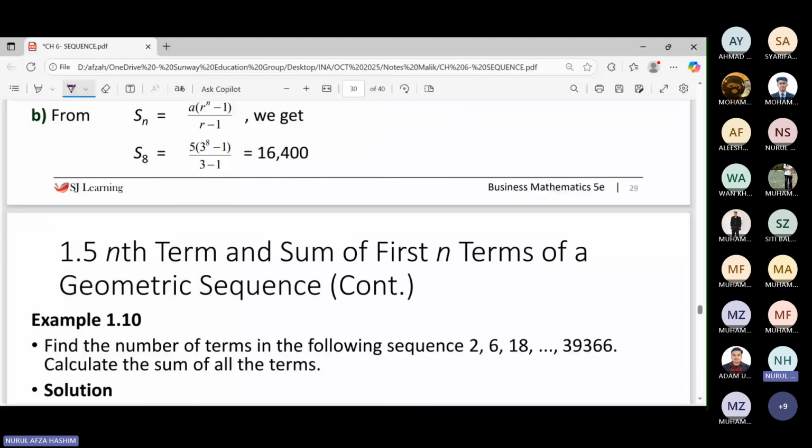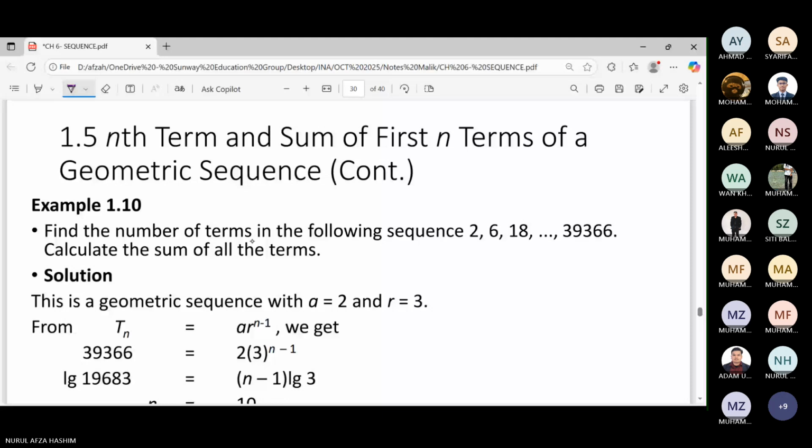Okay. Now they ask you to find the n. Because you know this is the first, this is the second, this is the third, and this is the nth. The last term value is 39,366. But you know the last term formula, it should be A R power of n minus 1.